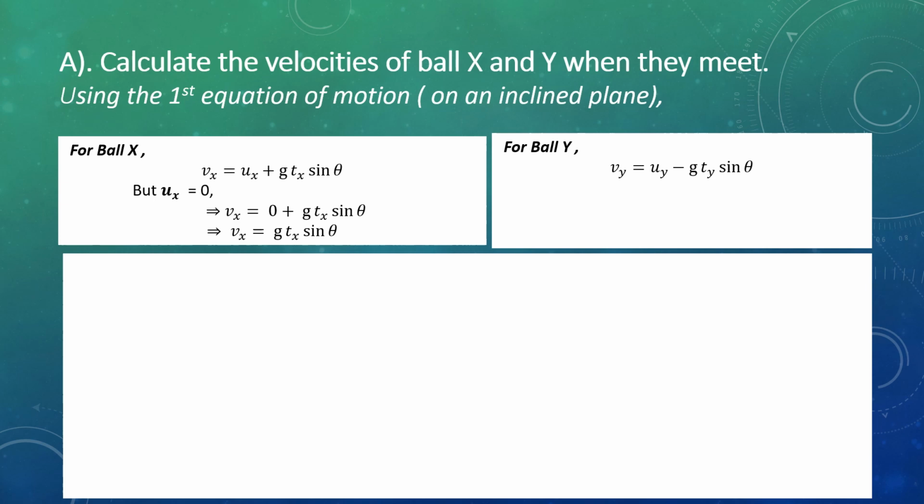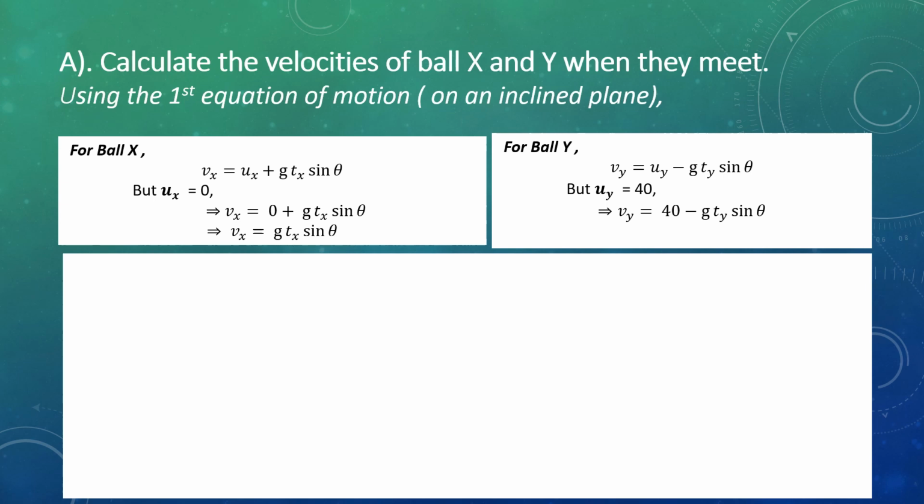This one is going upward, so it's being opposed by Earth's gravity, which acts in the opposite direction. So we have negative g. But Uy is equal to 40, so Vy is equal to 40 minus g Ty sine theta, where theta is the angle of inclination.